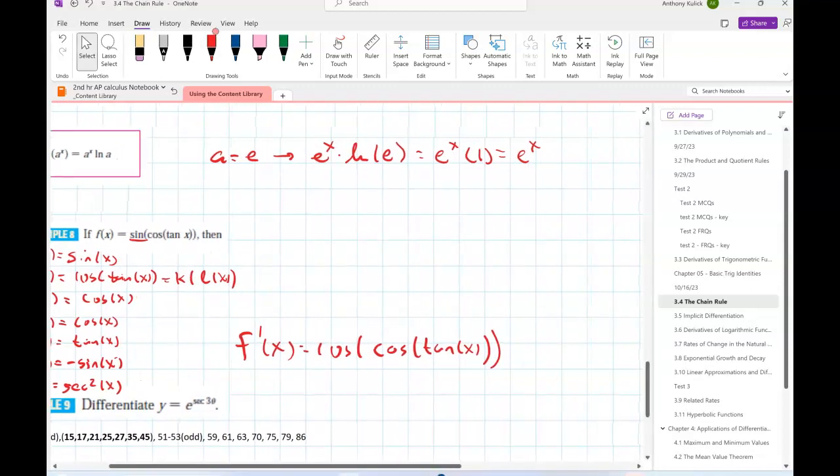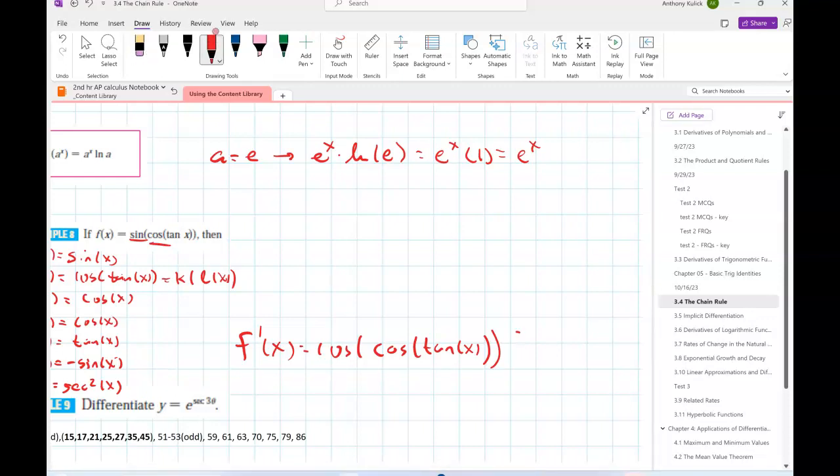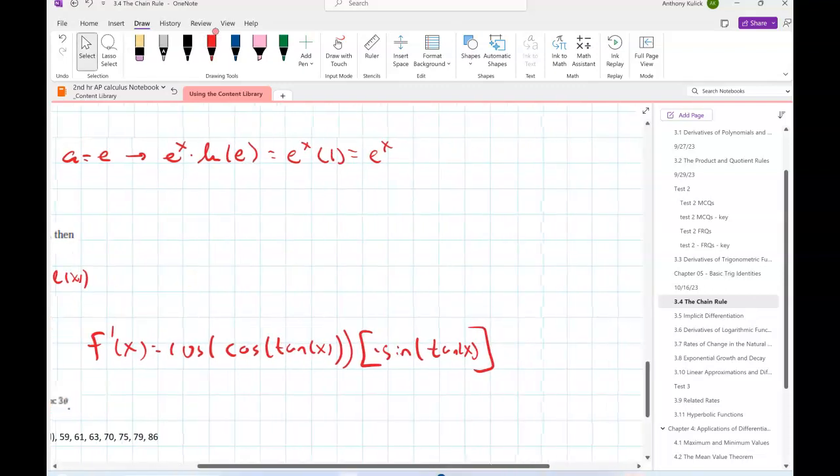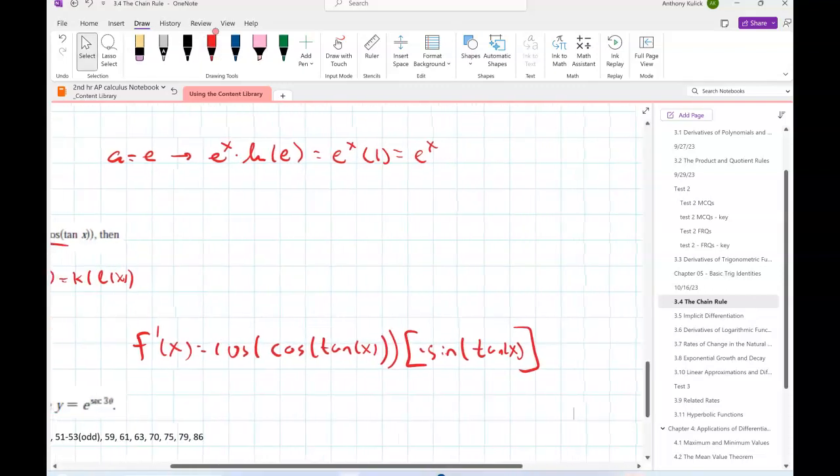So there's the derivative of the outer, right? Now when I do this, that's the outer. Derivative of cosine is negative sine. And then this is now my last one. Derivative of tangent is secant squared.